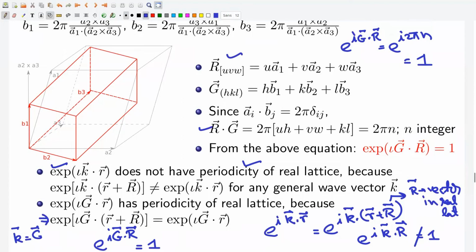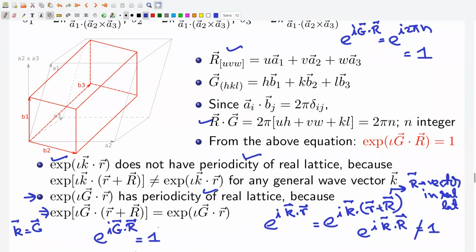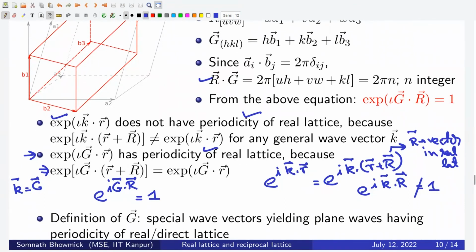So if we take the plane wave with wave vector equal to G, then such plane waves have the periodicity of the real lattice. Thus, these G are special wave vectors which will give us plane waves having the periodicity of the real or direct lattice.